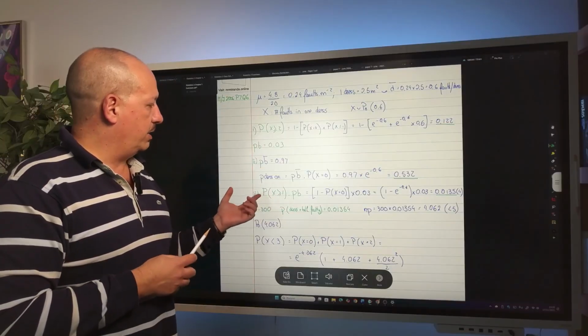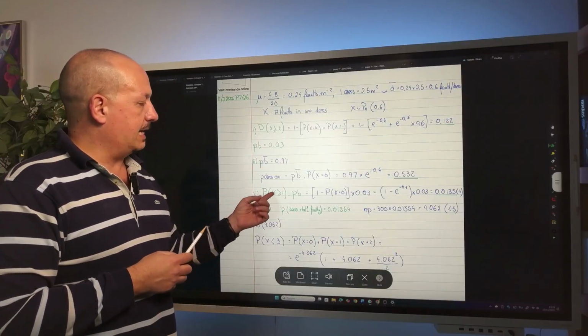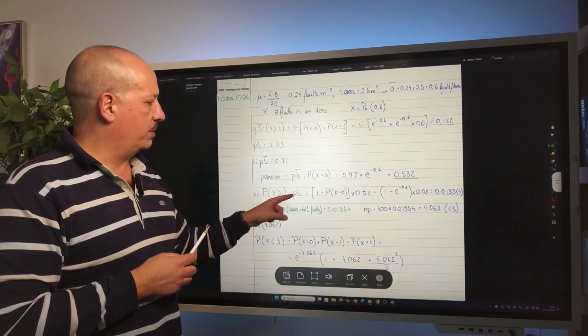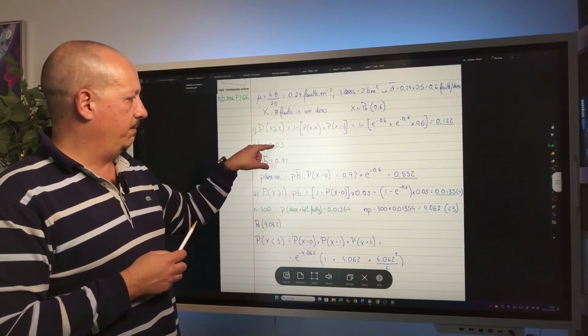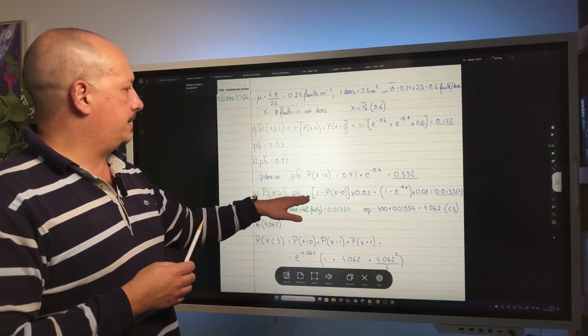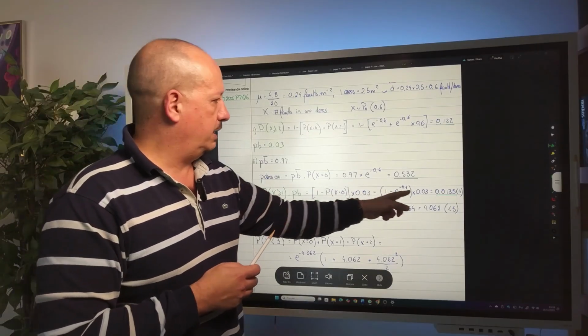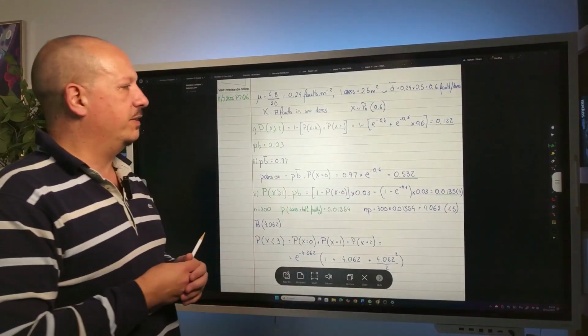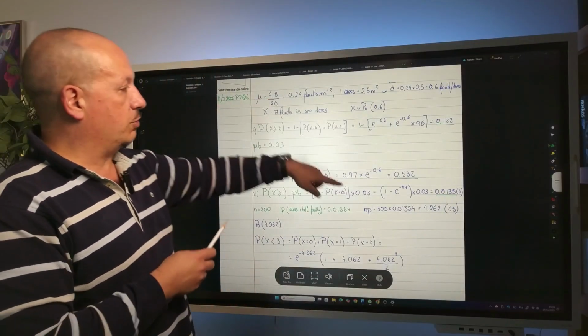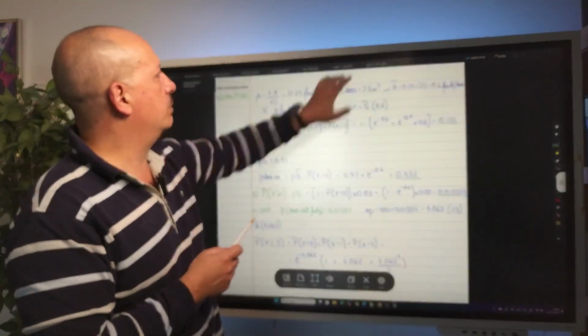This should be obvious already. This is the probability that x is bigger or equal to 1 times the probability that the belt is faulty. So there you have it. The usual way to calculate it, just substitute, and there you have the result. This is going to be important for the next question, as you're going to see.